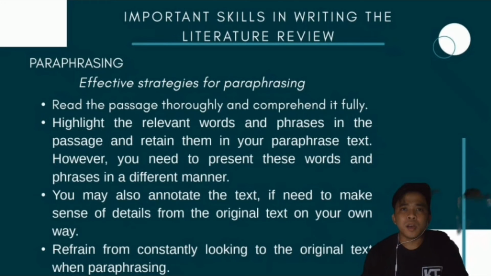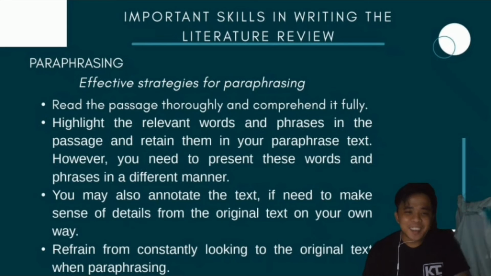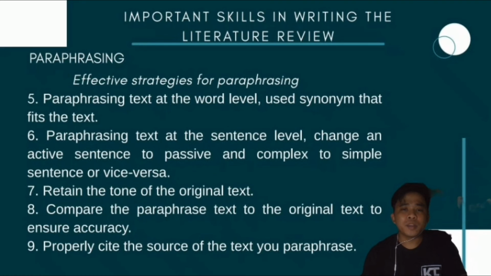As much as possible, help yourself not to look at the original text, so your idea will not be influenced. So fifth is paraphrasing the text at the word level. Use synonyms that fit the text.